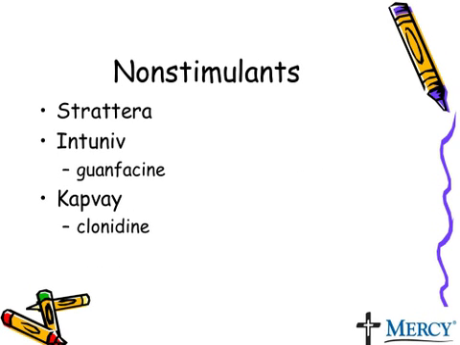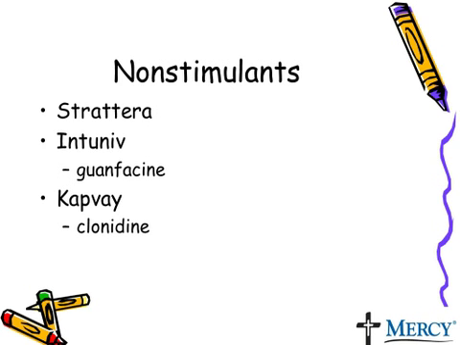There are two types of non-stimulant medications out now, and these have advantages in some cases. The first one that was on the market was Strattera, which works on the norepinephrine. It has a 24-hour effect.